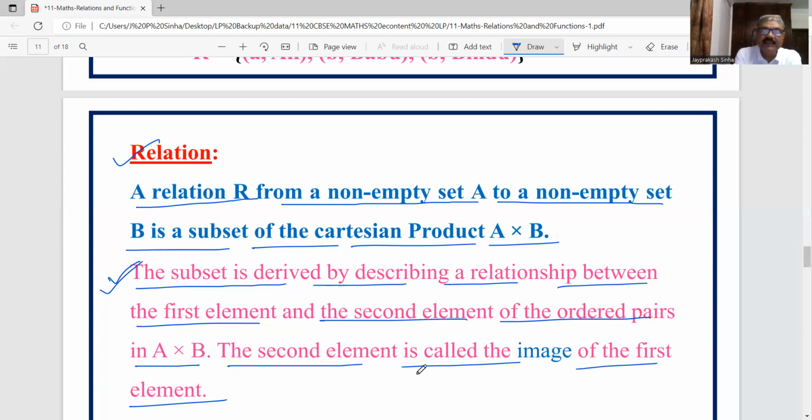The second element is called the image of the first element. We'll learn it from one example. If there is an ordered pair (3, 5), this is an ordered pair. So this is the first element, and this is the second element.